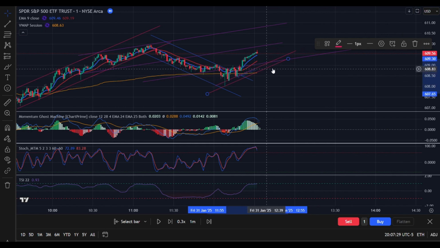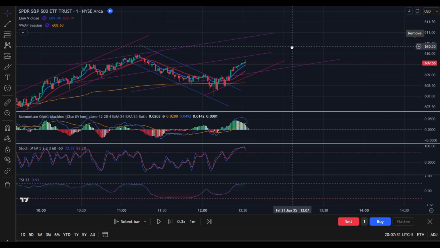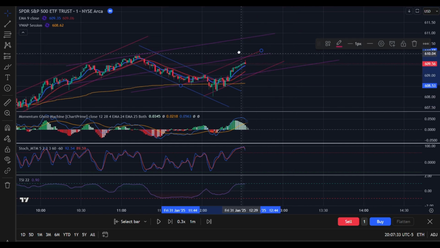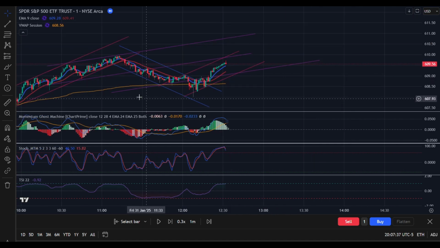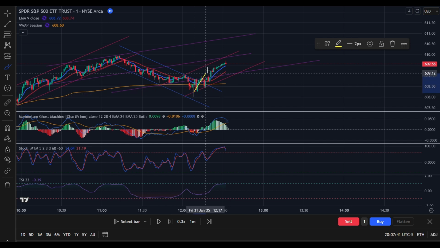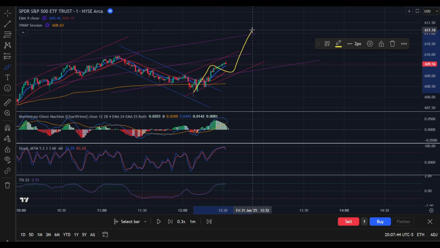Oh, I had it right here. This is gonna head up. This is what's gonna happen. You want to see it retrace back down here and bounce off of this, okay?